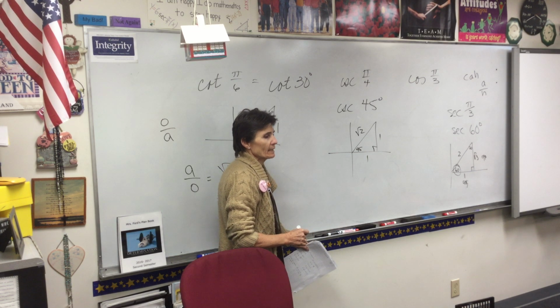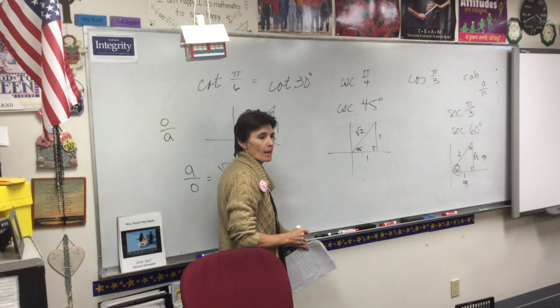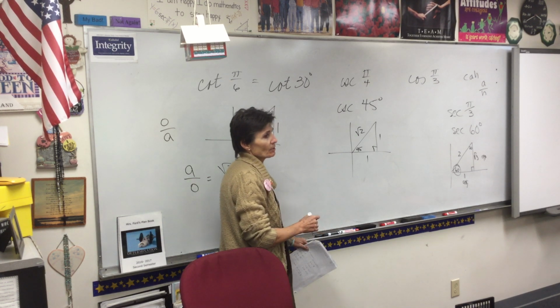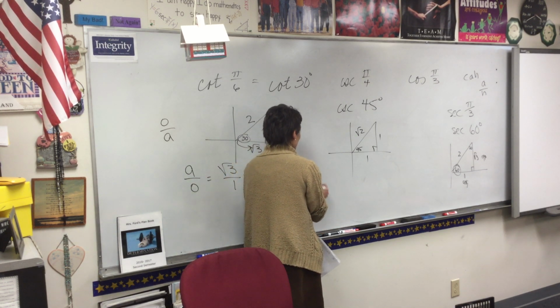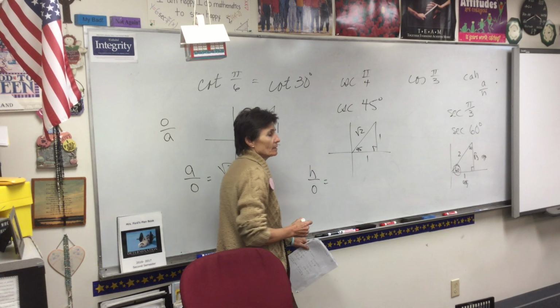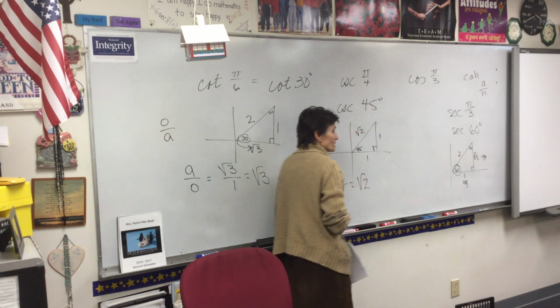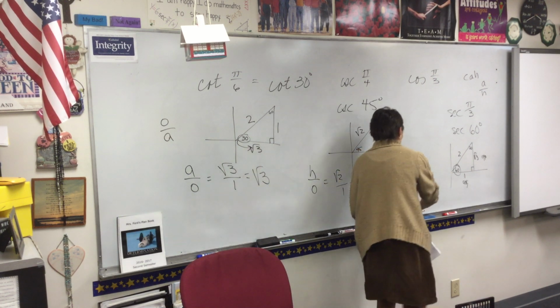What's cosecant? It's the reciprocal of sine. Love it. Sine is opposite over hypotenuse, so we need hypotenuse over opposite. So root 2 over 1, which big kids will write as root 2.